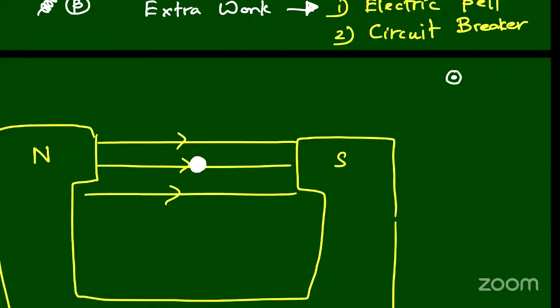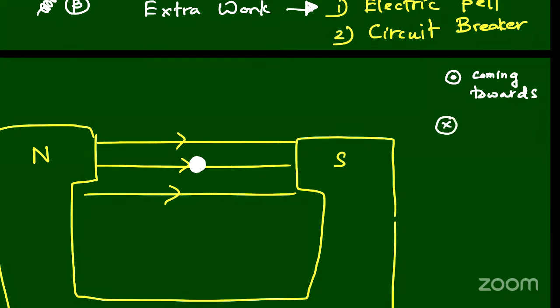Any parameter with this symbol is coming towards you. And if you use a symbol like this cross, it means it is going away from you, towards the plane.